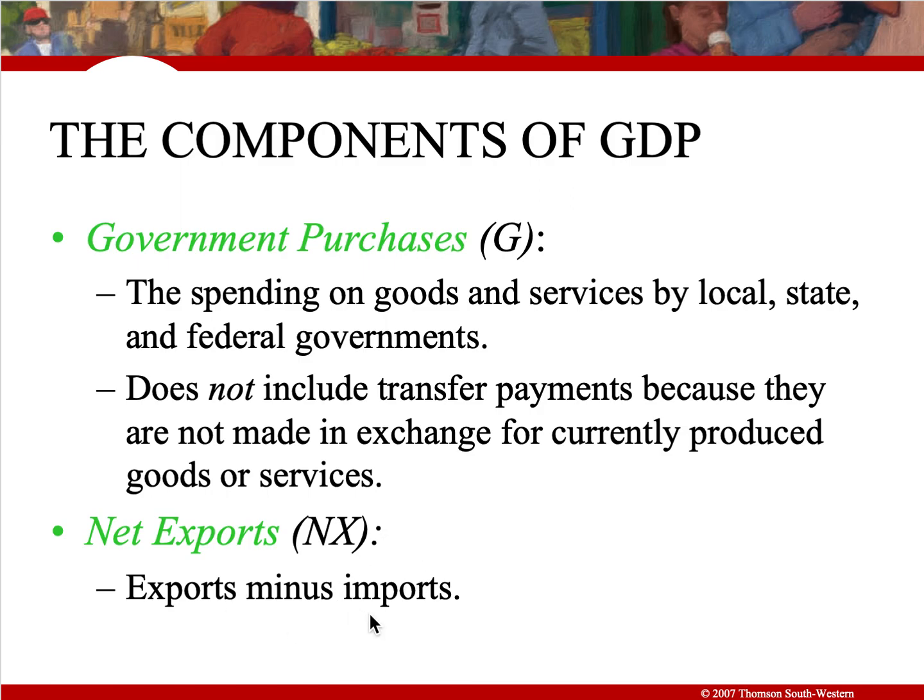If the value of imports is larger than the value of exports, then the net export value is negative. If the value of export of a country is similar to the value of the imports of a country, then the value of net exports is zero.